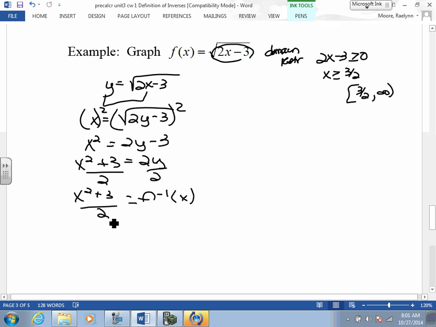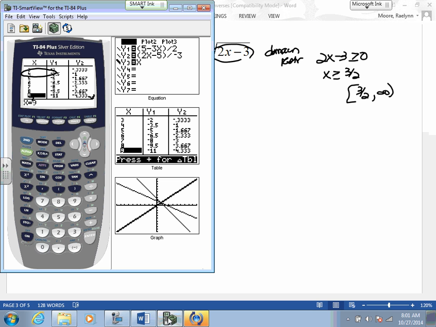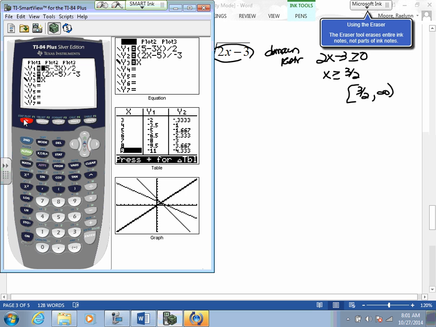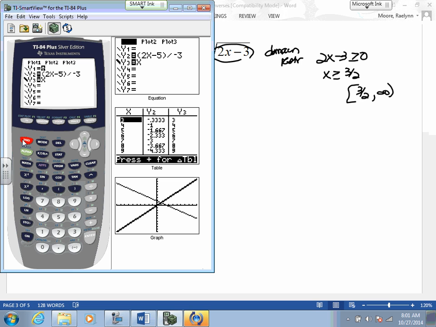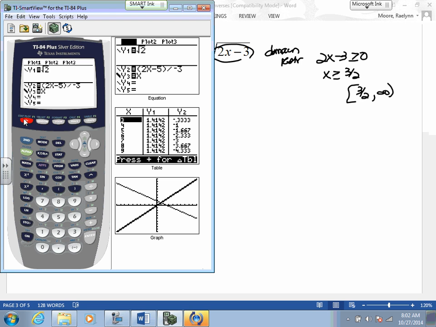Now, we're going to graph these guys, and we're going to see if they're true inverses of each other. So your original function, let's graph your original one first, and take a look at its domain before we start. Let's just take a look at this guy just to start with, and see if it has the domain we thought it had.